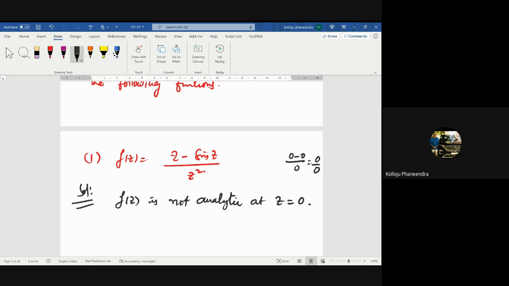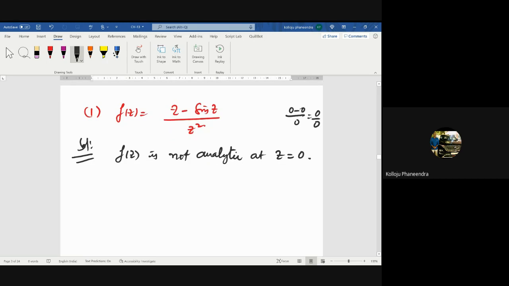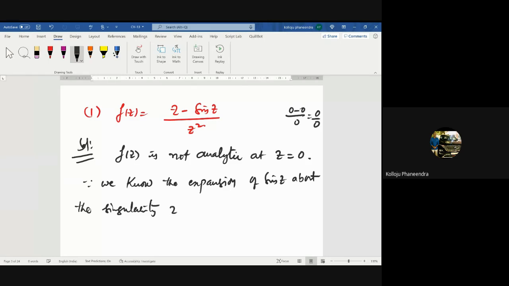Clear? Now, since we know the expansion of sin z, we use that about the singularity z equal to 0. Okay, we proceed.